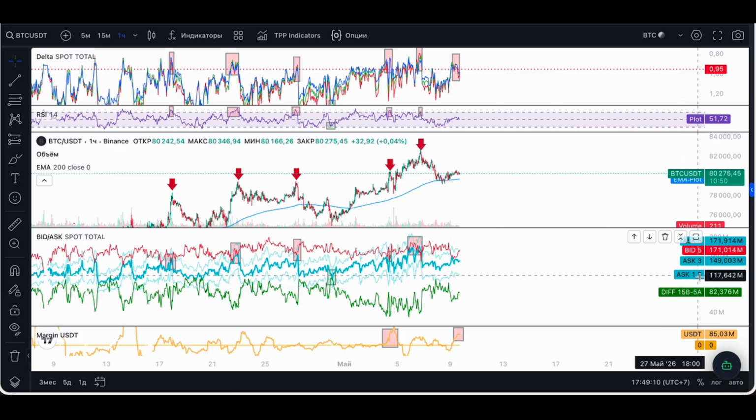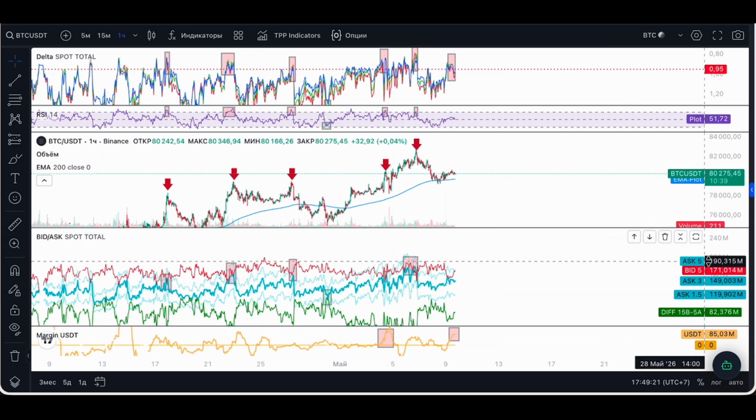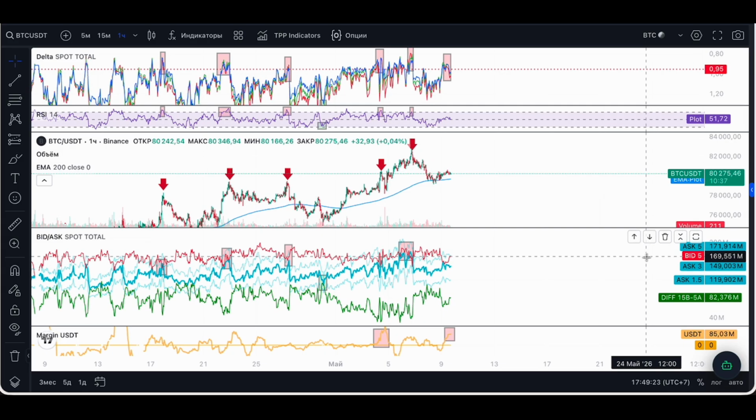So this is all limit ask orders on the depth of 1.5%, ask orders on the depth of 3%, ask orders on the depth of 5%, and the green line represents the difference between bid orders on the depth of 15% minus ask orders on the depth of 5%.